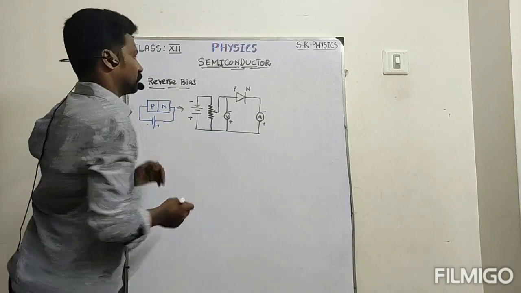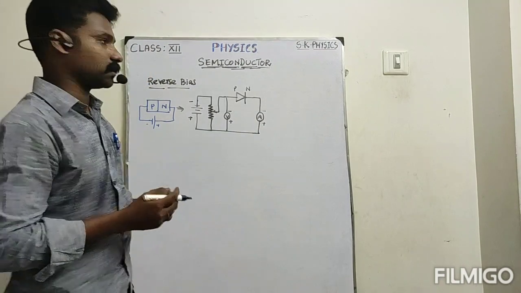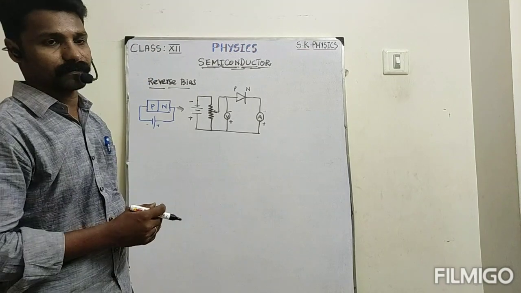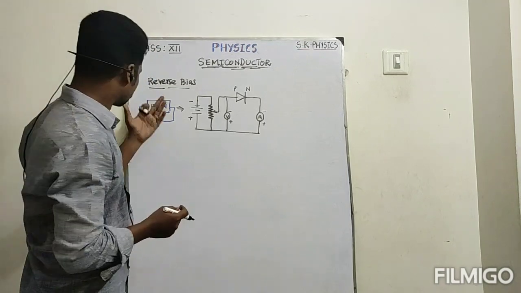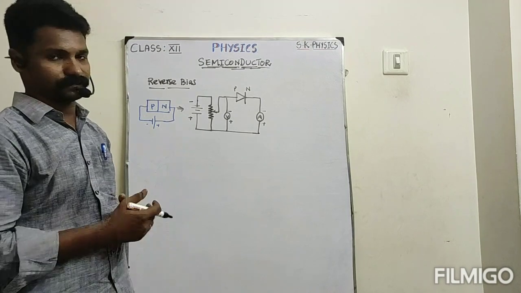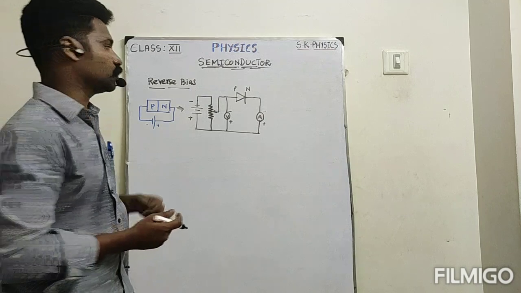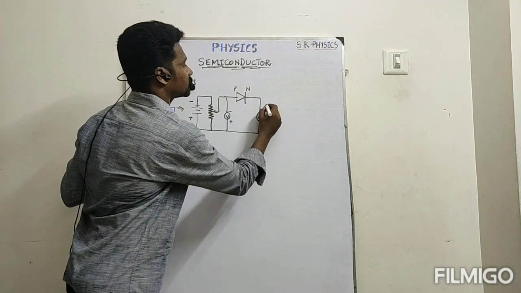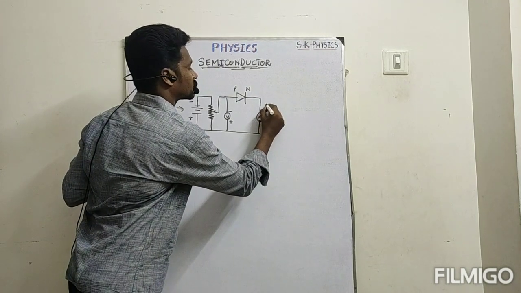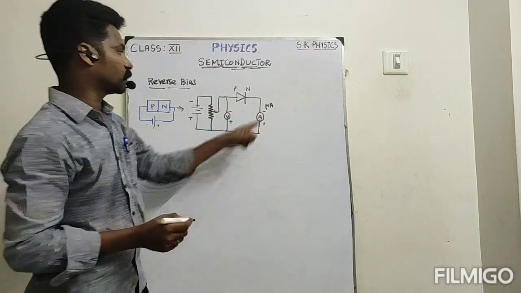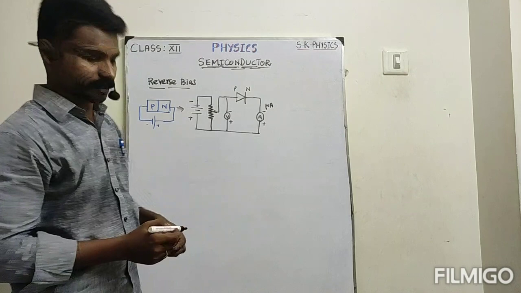We know very well that in reverse bias the current conduction is due to minority charge carriers. Not only that, in reverse bias the resistance offered is more, so the current range is in the order of microamperes.